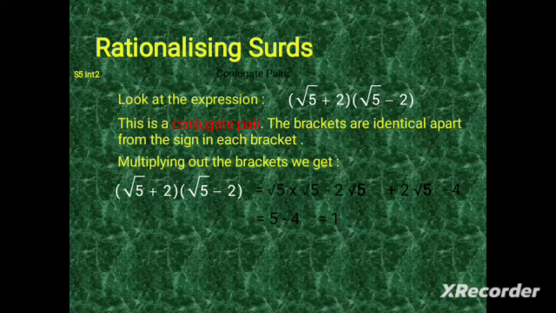It's the same way: it is a difference of 2 squares, a squared minus b squared. So you get the square of root 5, which is 5, and then the square of 2, which is 4, and that one is 1.